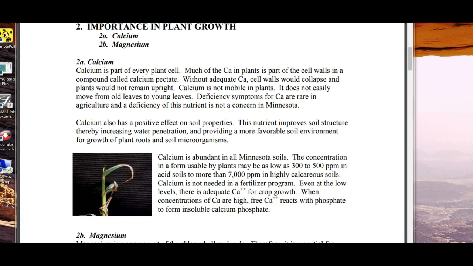In this part of the country as well, calcium is usually not needed in a fertilizer program. Even at our low levels, there's adequate calcium for crop growth. But when we do have high concentrations of calcium, your free Ca2+ reacts with phosphate, and it will form an insoluble calcium phosphate in the soil solution around the soil.